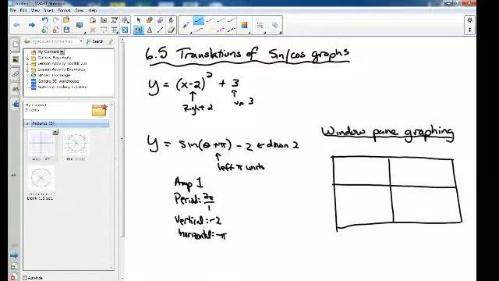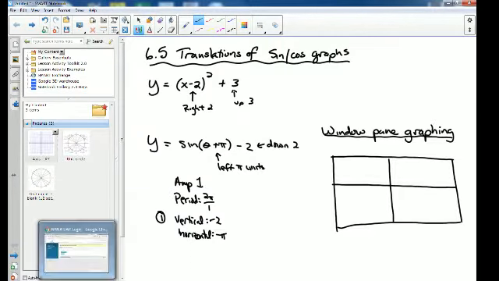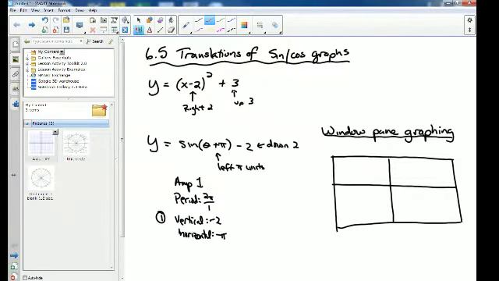Normally, the first thing that you want to put on here is your vertical translation. So that's number one. That goes right here. Let me write it in red.